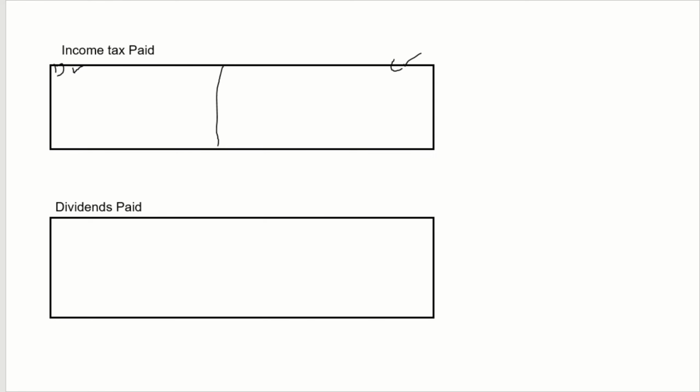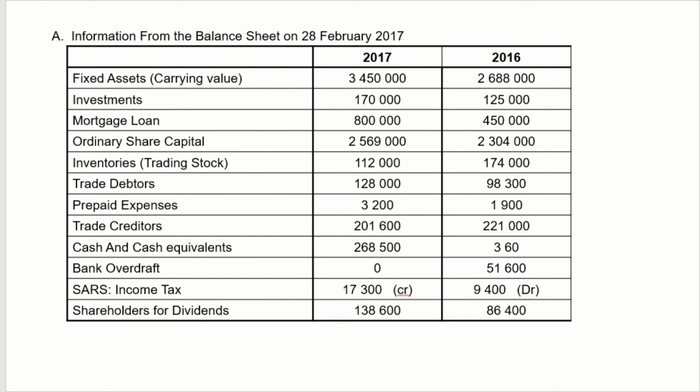Now that we have these two sides pointed out like that, we're going to go on to our information from the balance sheet to see what we can find. The first thing, you have to find your balance at the beginning of the year. That will be the balance written from the prior year, 2016. So the SARS income tax from 2016 is 9,400 rands on the debit side.